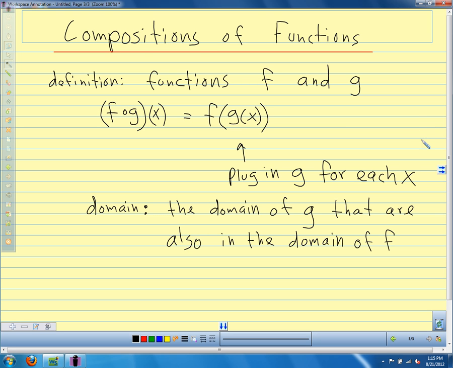Domains of compositions are something everybody has worked with a little bit before. So let's do a couple of examples, and we'll look at some where we have to worry about the domain. Any questions before we go on? Okay.